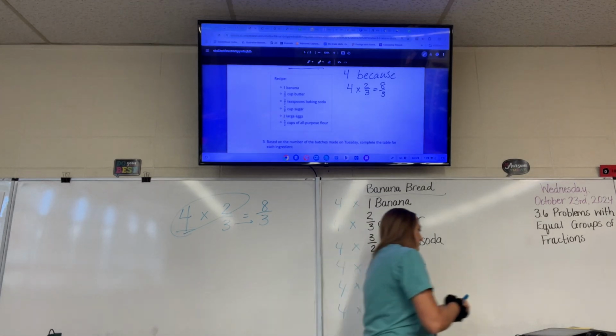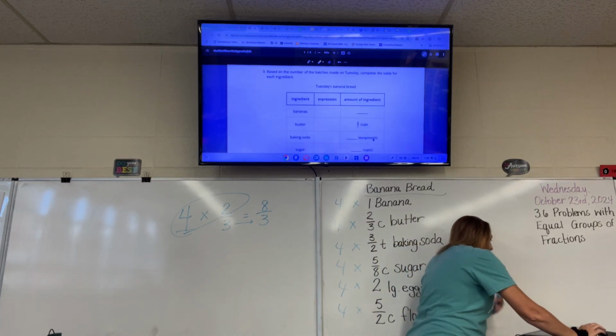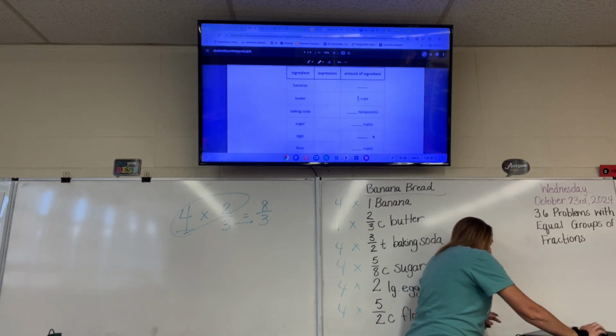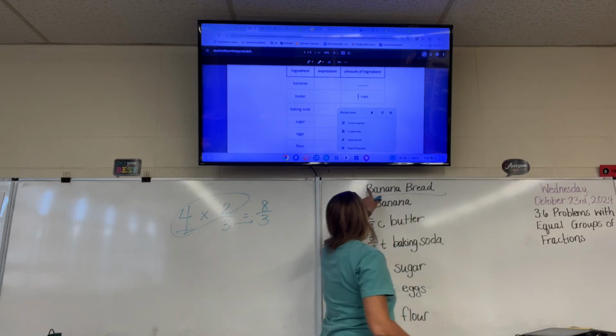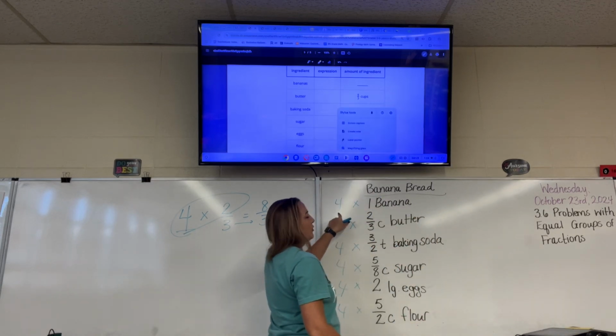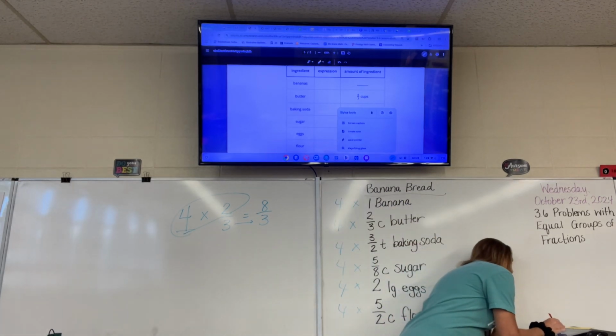Okay. So, based on the number of batches made on Tuesday, complete the table for each ingredient. So, we'll start with bananas. 1 batch, 1 banana. 4 batches. 4 bananas. Because 4 times 1 is 4.